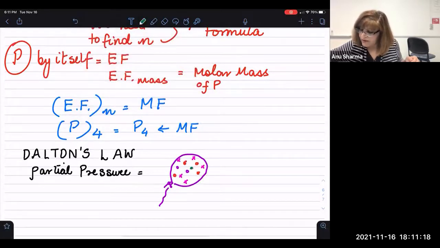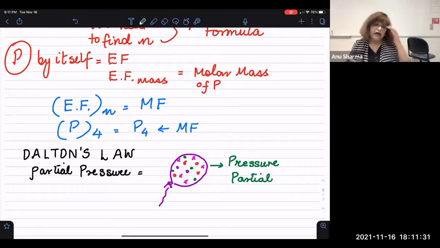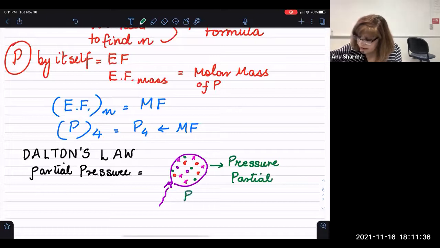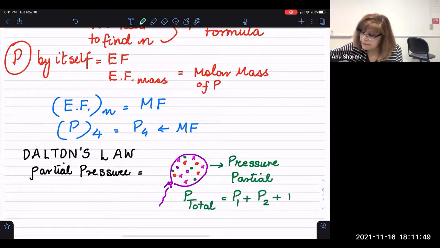So every gas is exerting its pressure on the walls of the container. That pressure is called the partial pressure. What we see outside from a balloon, we only see the total pressure. This total pressure of all the gases is the sum total of the partial pressures: the partial pressure of gas 1 plus the partial pressure of gas 2 plus the partial pressure of gas 3 and so forth. As many gases as you fill, as many terms.